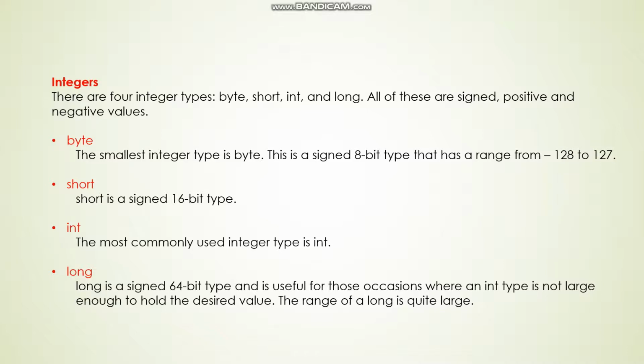For example, the number of miles that light will travel in a specified number of days. If we are going to do a program like this, then we have to take the data type long, because while calculating it will come to a very big value, so long is needed.